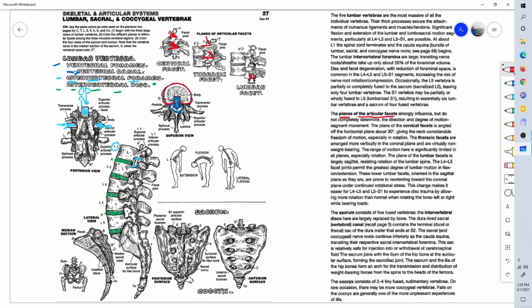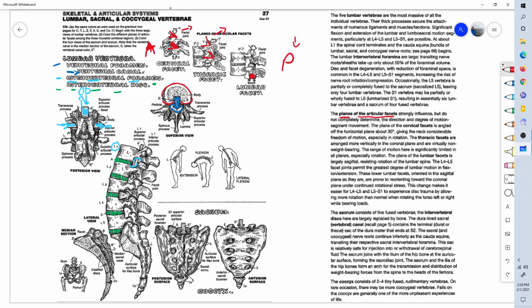And something else to notice about them, here's the lumbar facet, is that the facets have now rotated. Here's the anterior, and here's the posterior, the front and the back of the person. Notice how the cervical facets are facing relatively backward, posterior. The thoracic facets are facing posterior.